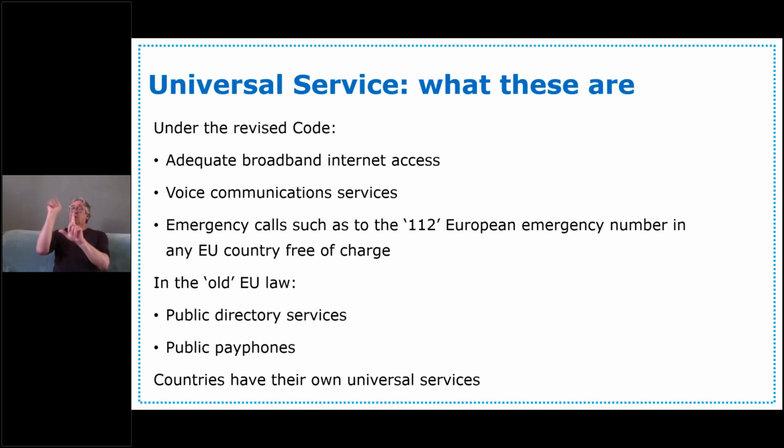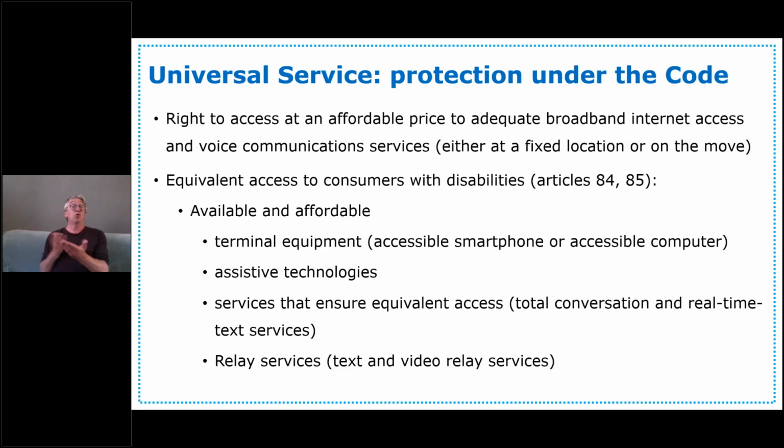So these services, according to the code, they can remain. It's up to the member states also to keep them, as well as other potential services that they ensure at national level. So the code broadens the reach of these universal services and leaves up to member states to keep these legacy services. Next slide, please.